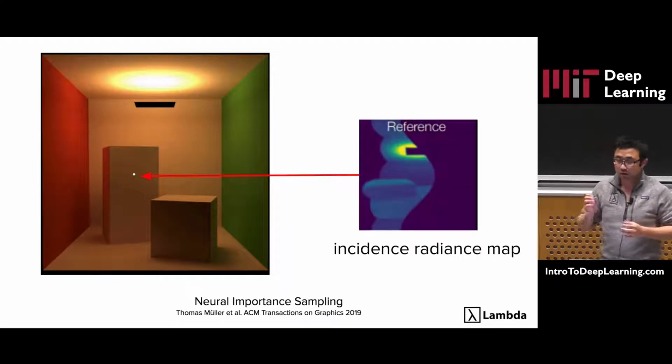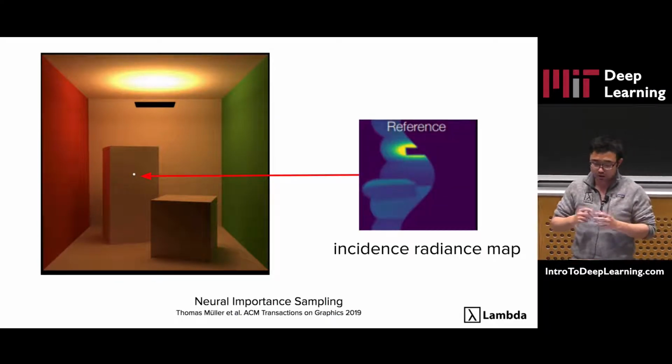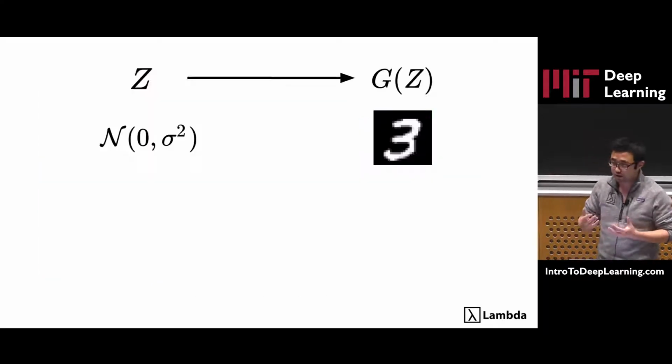And in practice, the best possible policy is actually the incident radiance map at that point, because it literally tells you where the light comes from. So the question is, can we generate this incident radiance map from some local surface property through a neural network? And the answer is yes.